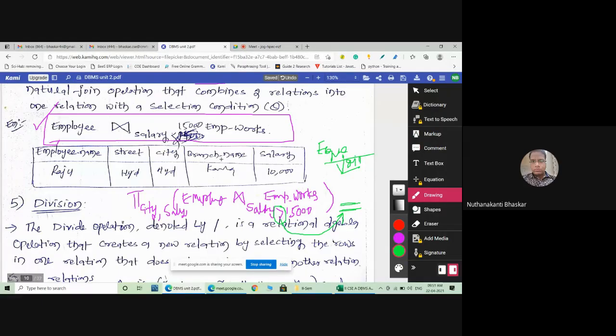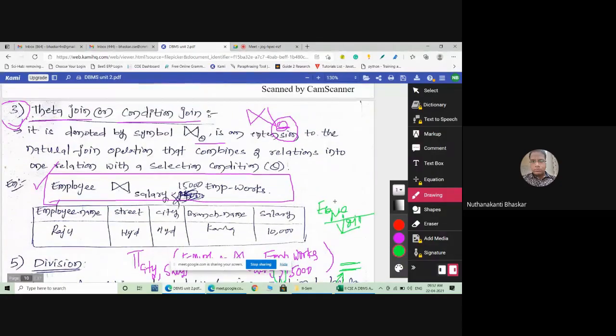Instead of writing different arithmetical comparison operators in this condition area, if you write equal, that join is called Equi join. Equi join is one of the condition joins. If you write equal, that is an equal join, Equi join.